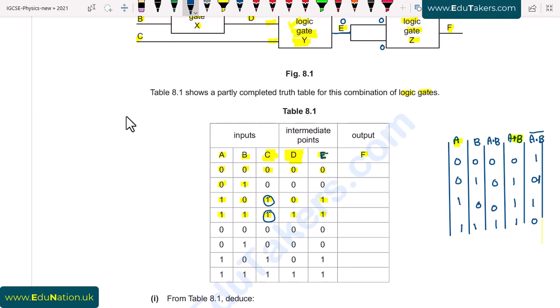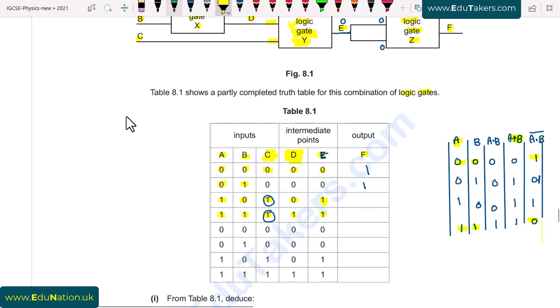So we have to fill the table according to this. When input is 0, 0, we can see inputs are 0 and 0, output is 1. So I write in first column output is 1. So when again the inputs is 0 and 0, output is 1. Second case is when inputs are 1, 1, then output will be 0.